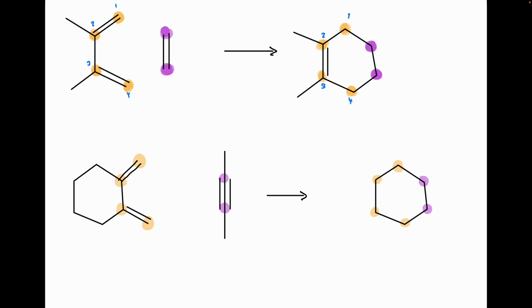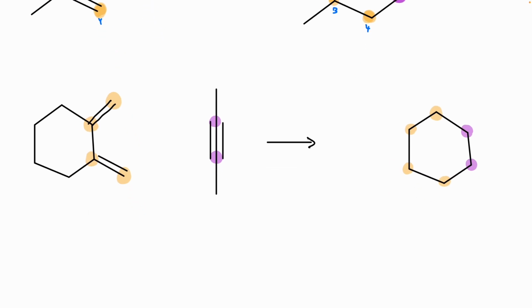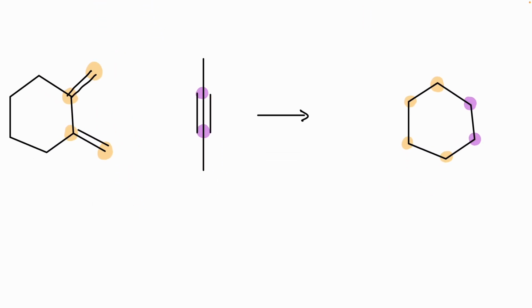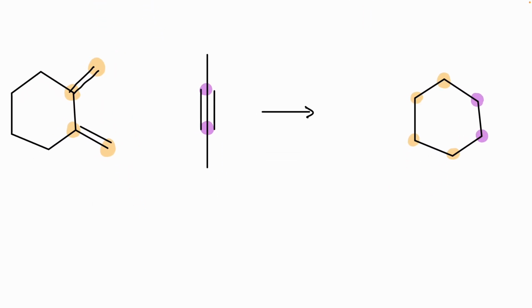Okay, so I'm obviously not done here. I have a bunch of carbons missing. I also have some pi bonds missing. Remember, we said because of our movement of electrons here that we have this new pi bond that forms on my product side.